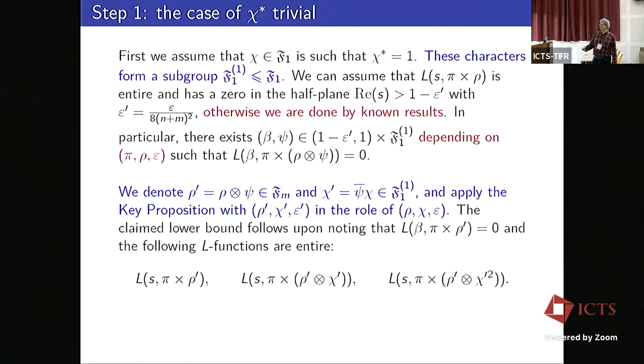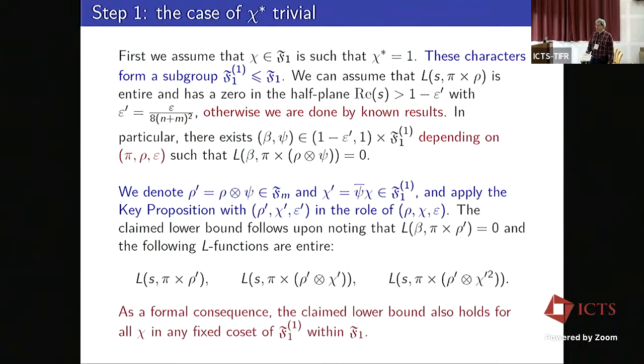If you look at rho prime twisted by chi prime, rho prime comes from rho by twisting by psi, and chi prime comes from twisting chi by psi bar. So rho prime twisted by chi prime is the same as rho twisted by chi. So this middle L-function is just the original twisted Rankin-Selberg function. And the first guy, because of our notation, has a 0 at beta, and all these three L-functions are entire because they are just shifts by purely imaginary numbers of each other.